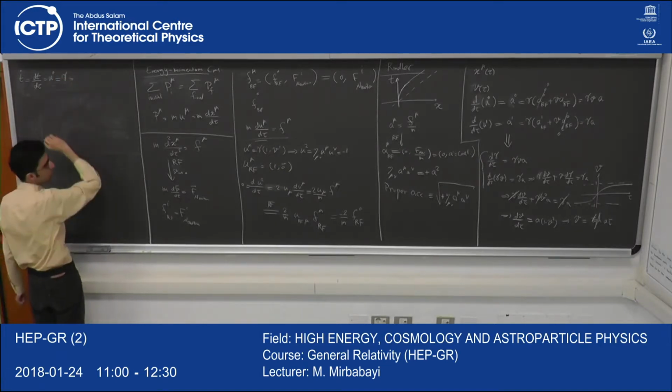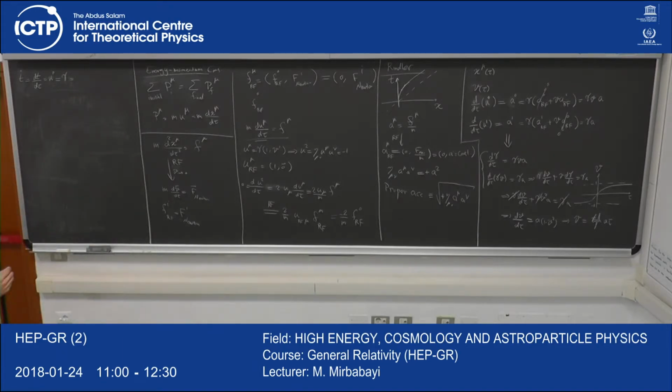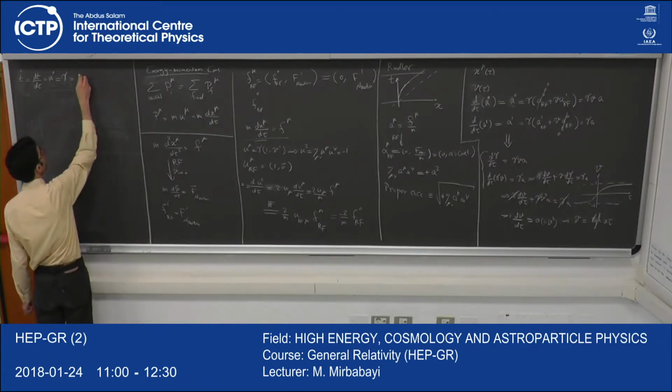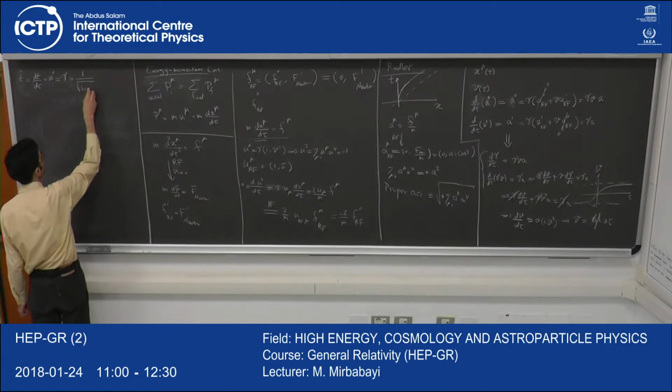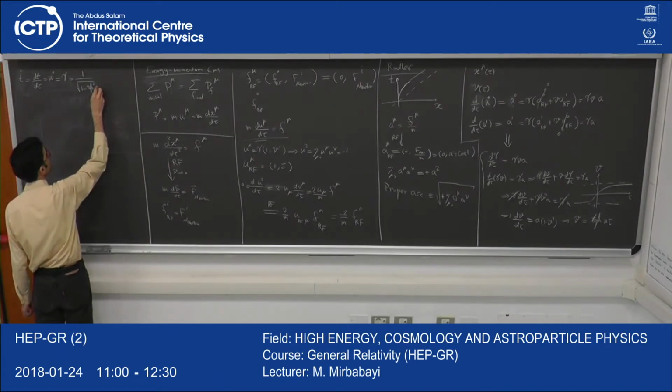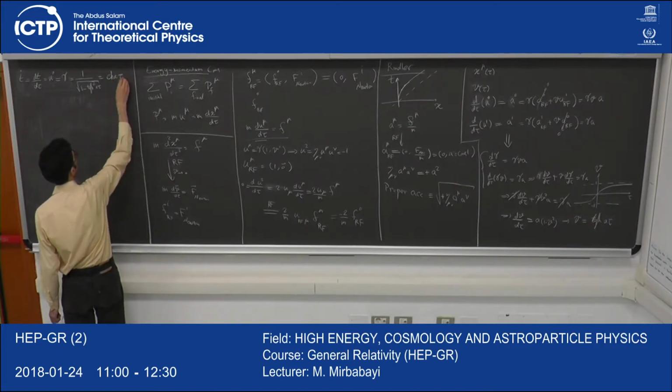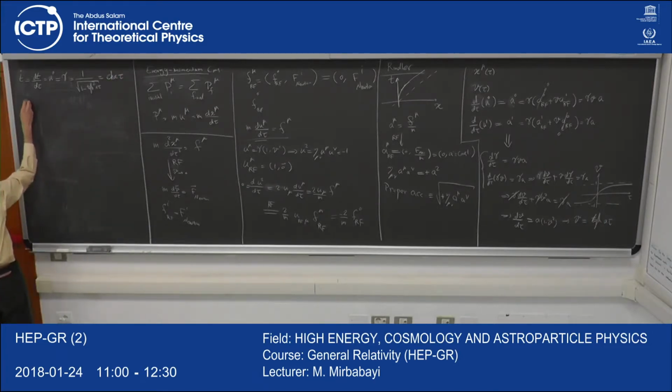So gamma is 1 over square root of 1 minus v squared, which is 1 over square root of 1 minus tangent hyperbolic squared of a tau. So this is just cosh a tau. And therefore, if we integrate this equation, we get t equals 1 over a sinh a tau.